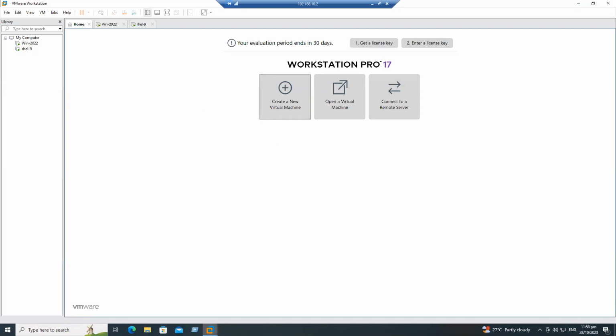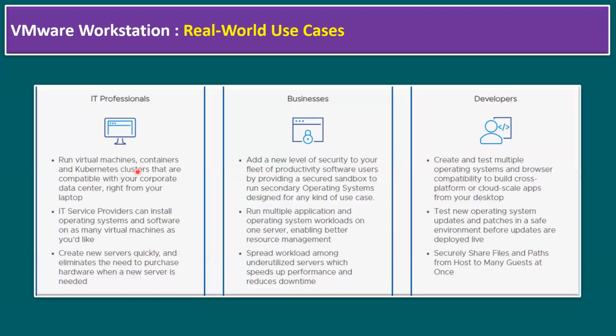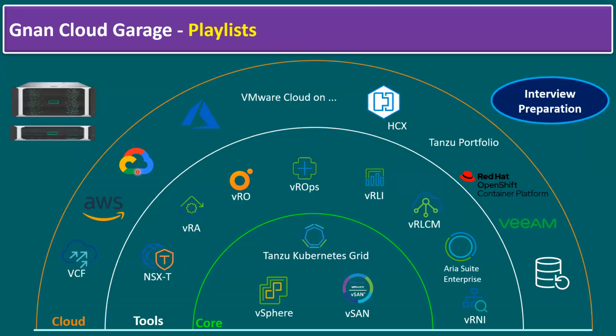So let's go back to our slide. We talked about the real-world use cases, and to deep dive into additional concepts, in our GNAN Cloud Garage YouTube channel playlist I covered some other concepts like core concepts, vSphere, vSAN, Tanzu, and also tools like NSX, VRA, VRO, VROps, VRLI, LCM, Lifecycle Manager, Aria, and also some public cloud integrations as well as VMware Cloud Foundation and HCX Hybrid Cloud Extension, Tanzu portfolio, and the VMware Red Hat OpenShift container platform.